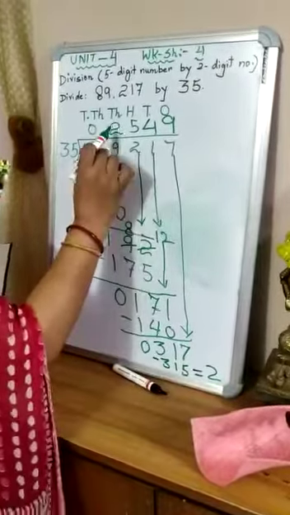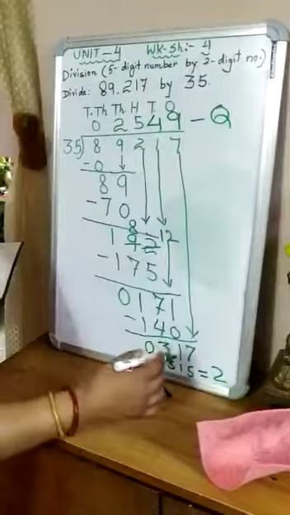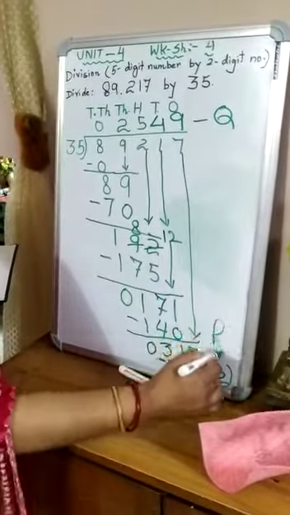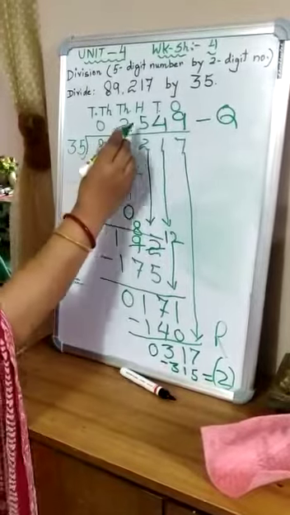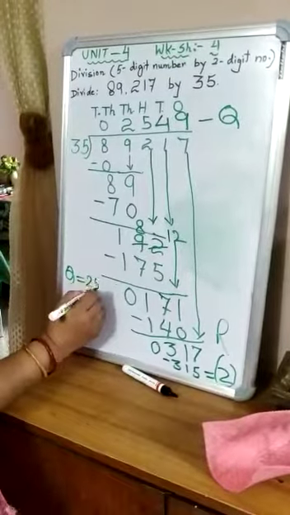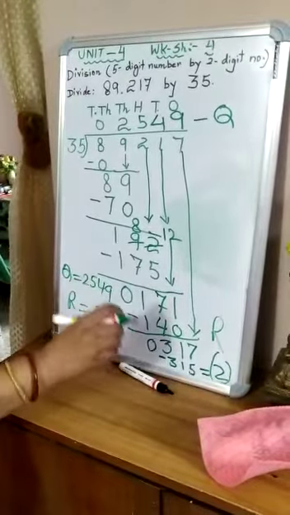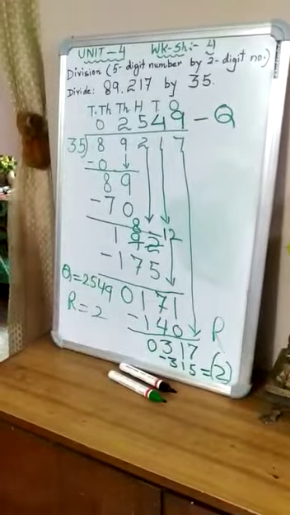So here children, 2549 is the quotient and this 2 is the remainder. So you have to write quotient 2549 and remainder is 2. Right? Now children, let us take another example.